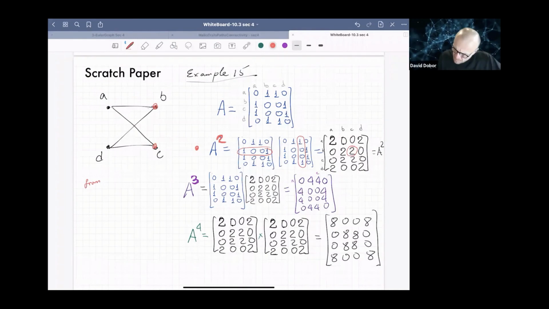So from where am I? From B to C. In A squared, we're talking about paths of length 2.